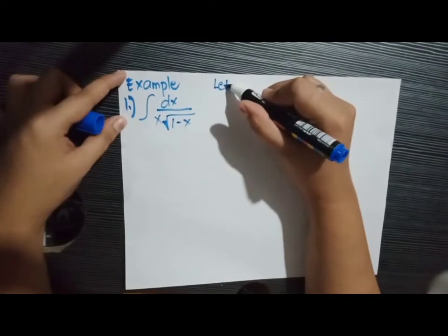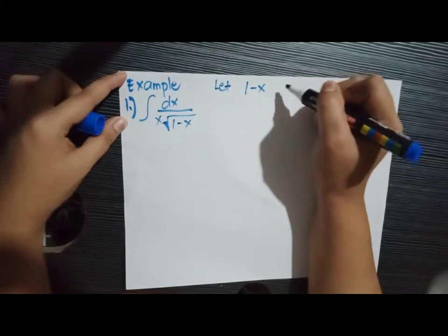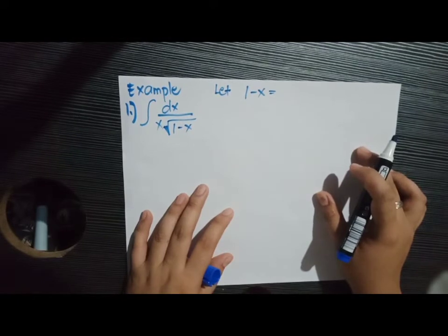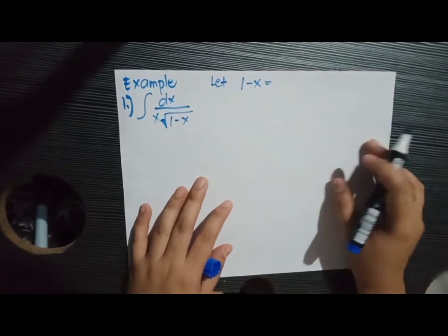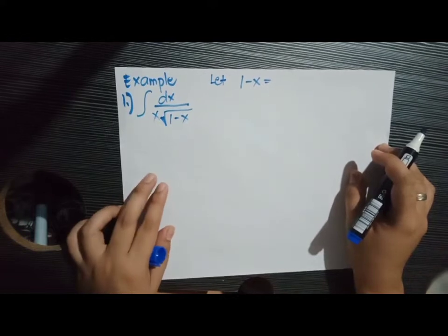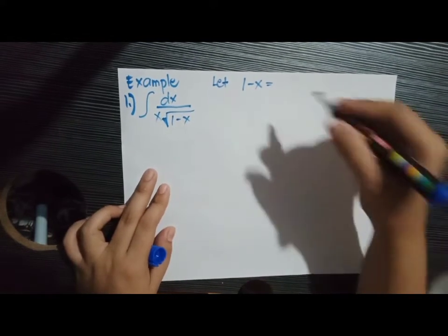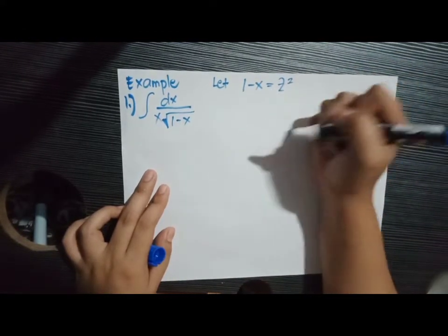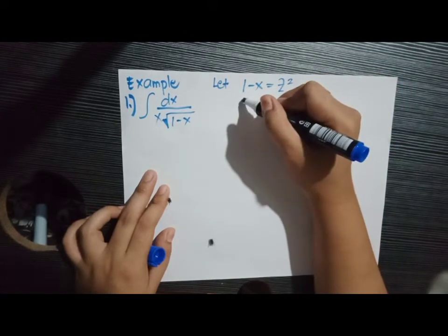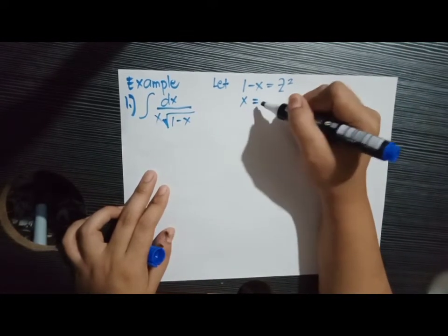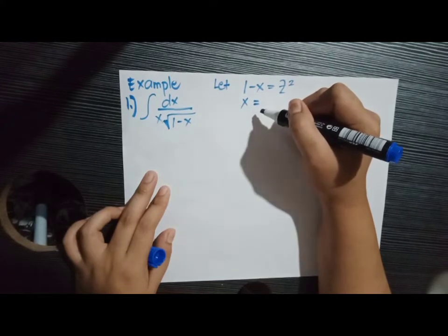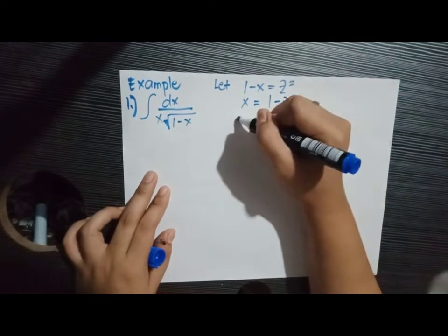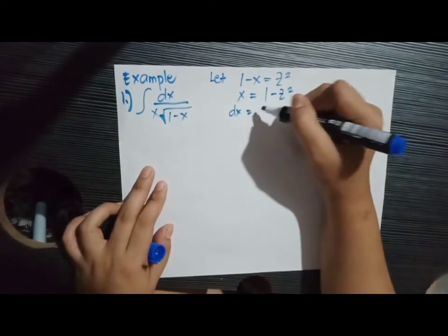So let 1 minus x equal to z squared, and then, transposing x to the right side, x equals 1 minus z squared.